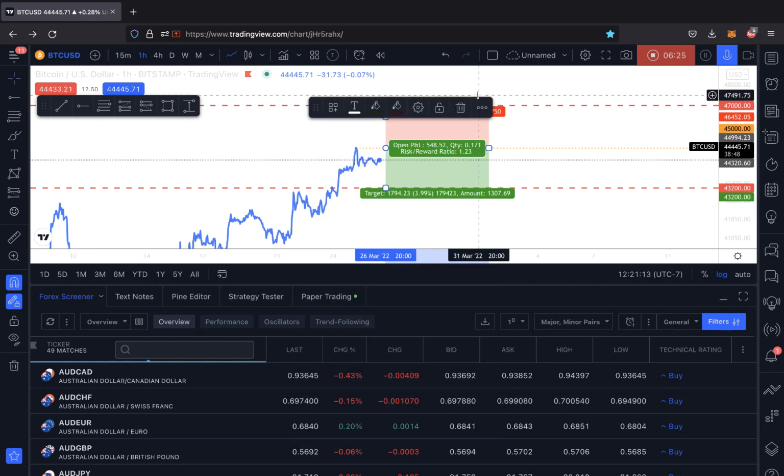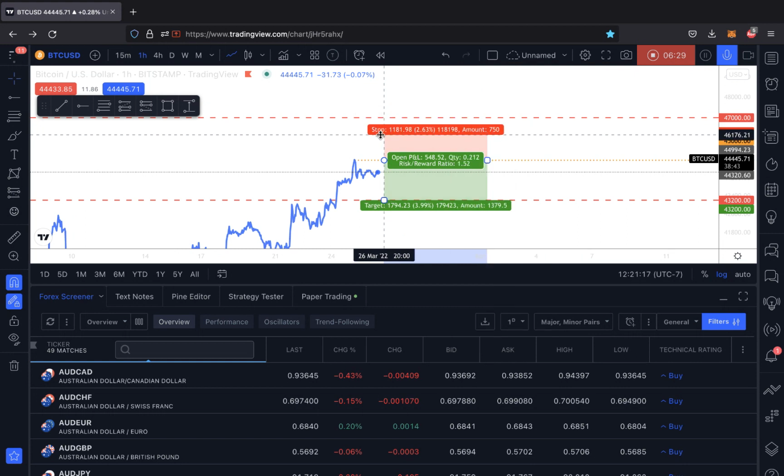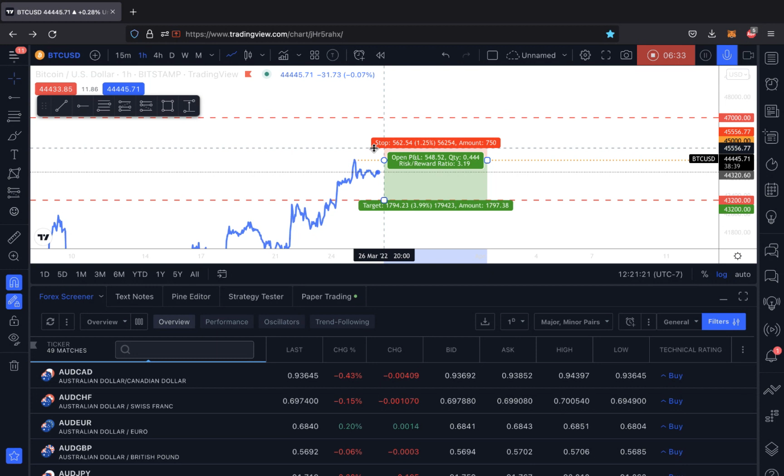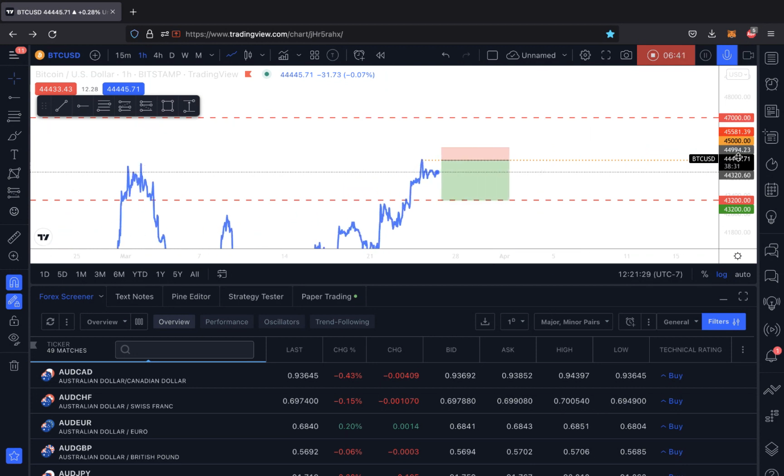And since we want to set ourselves up with a good risk reward, it should be around 3 to 1. So I'm just going to move this until I get a 3 to 1. I get a 3 to 1 risk reward.